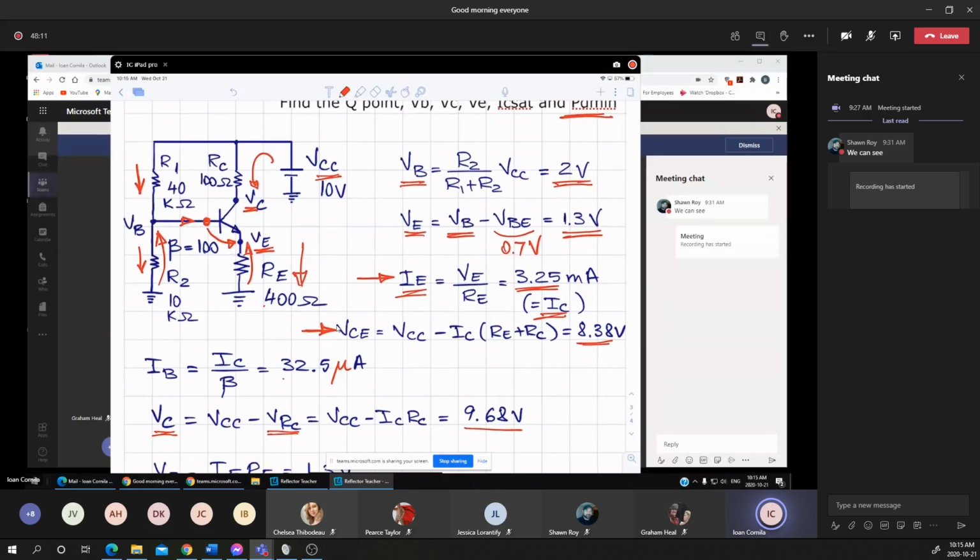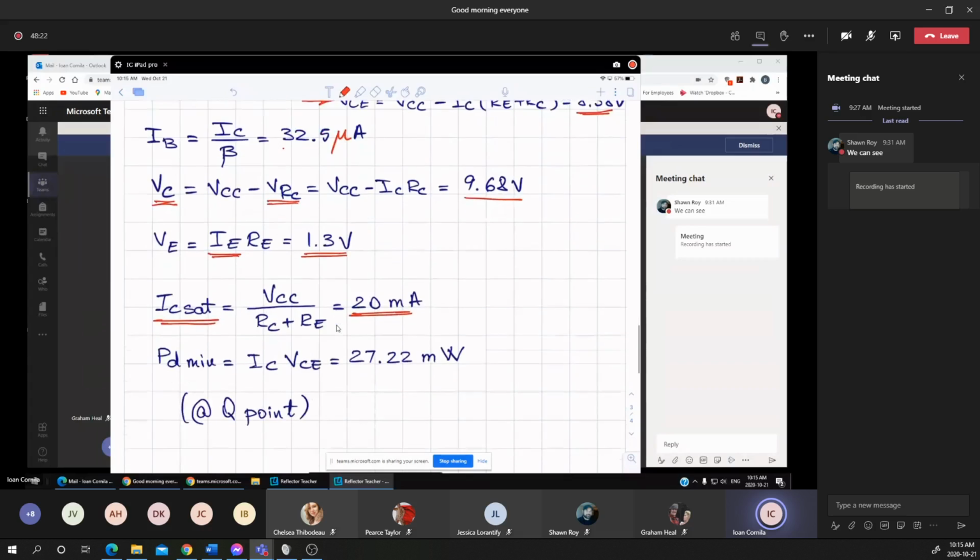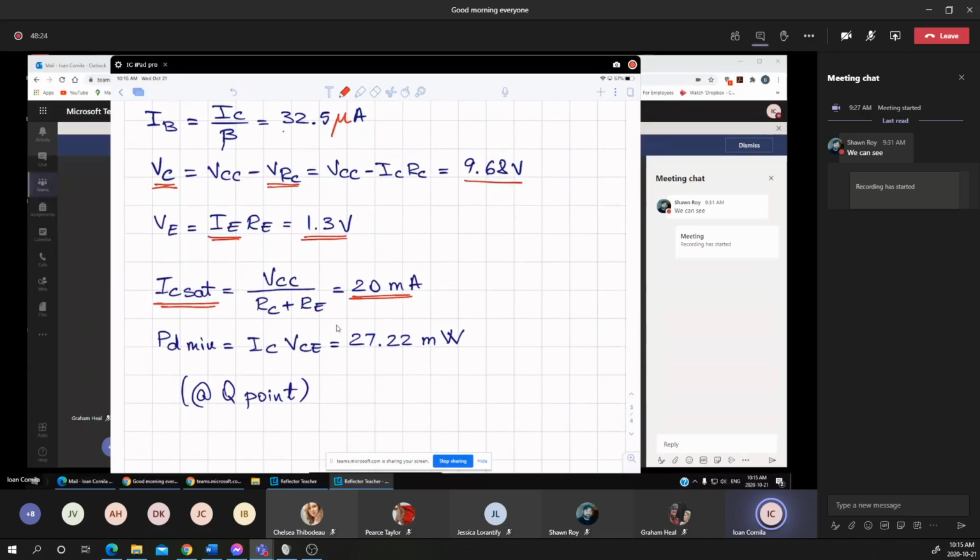Means that the requirements are the VCE of 8.38 and the collector current, or the emitter current, of 3.25. To determine the minimum power dissipation of the transistor, I'm choosing the IC at the Q point and the VCE at the Q point.